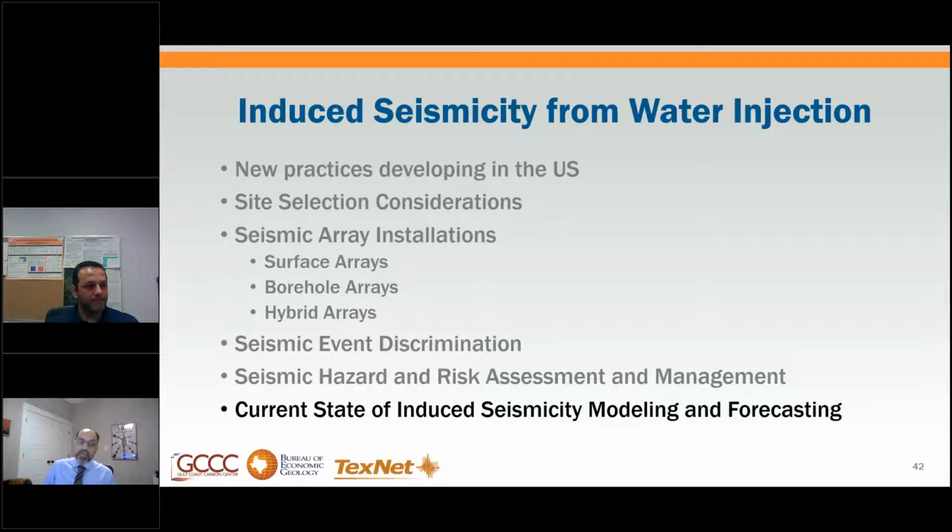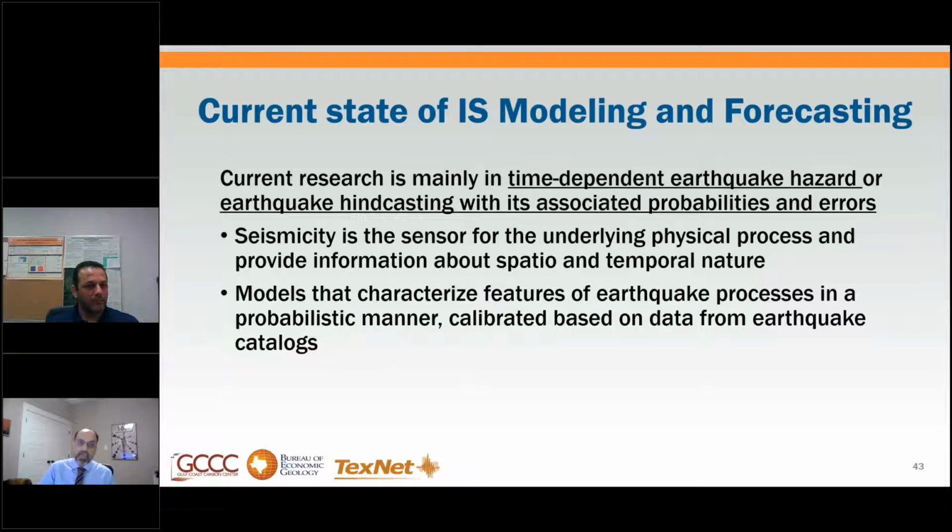Now, the last part is the current state for induced seismicity modeling and forecasting. Current research is mainly in time-dependent earthquake hazard or earthquake hindcasting with its associated probabilities and errors. The earthquake hindcasting nowadays is coming mostly from physics-based models, where we use the seismicity, the injected volumes, the pressure models, and this type of information in order to identify any changes in the expected seismicity.